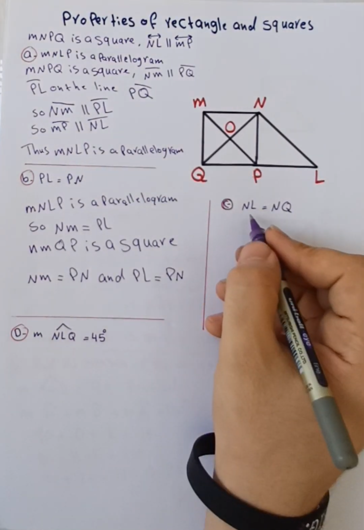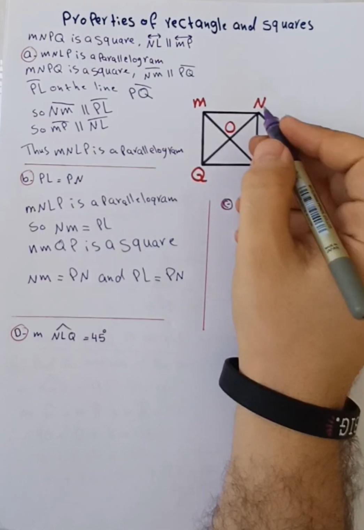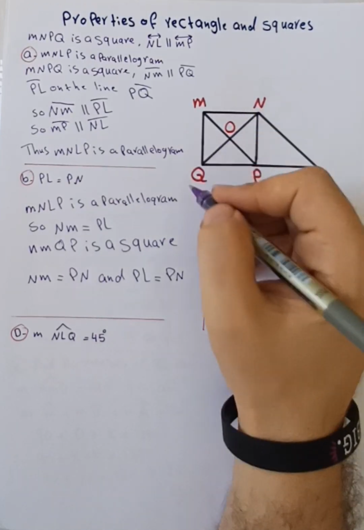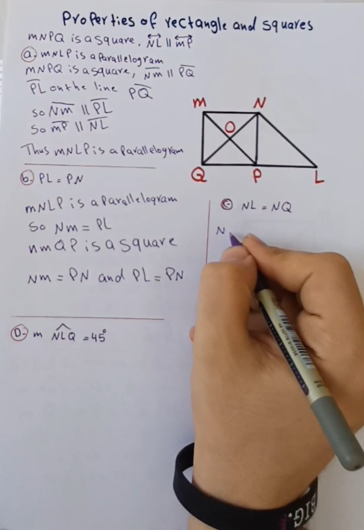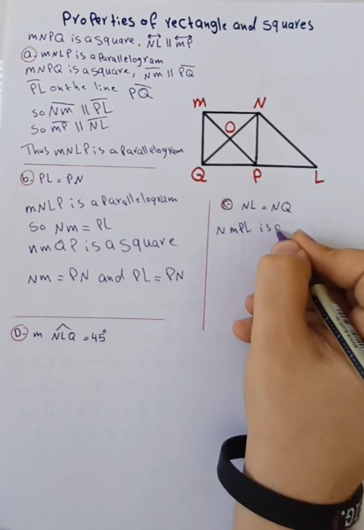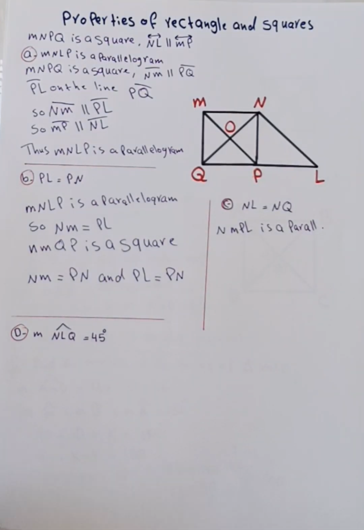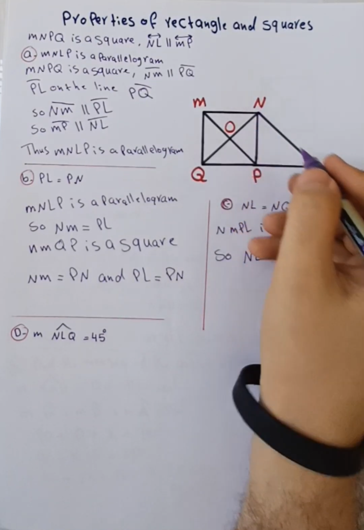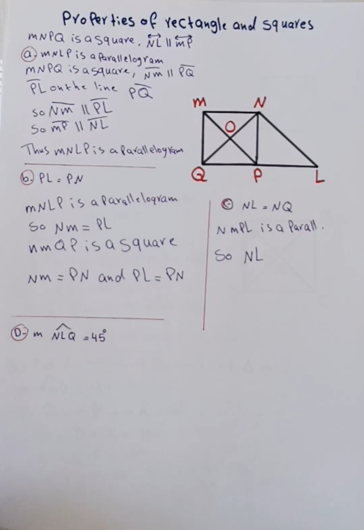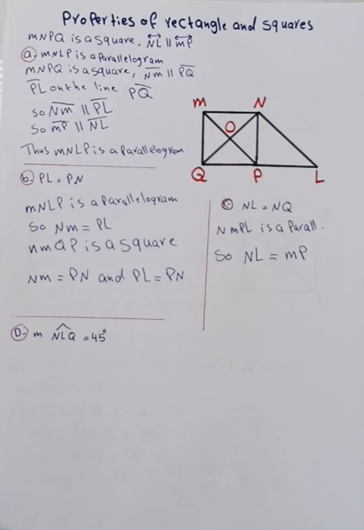And then for C, we have to show that NL equals NQ. We can say MNLP is a parallelogram, so NL equals MP, because opposite sides are congruent.